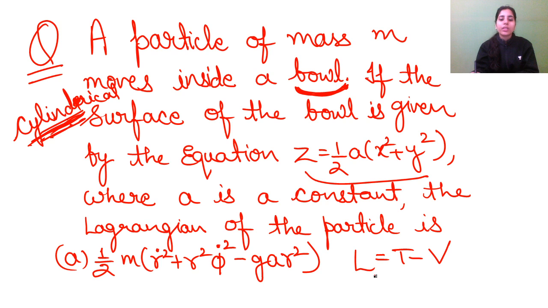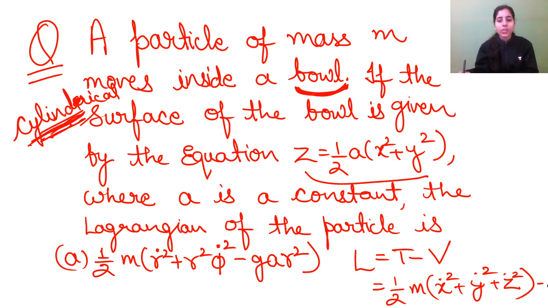In Cartesian coordinates we write T as half m x dot square plus y dot square plus z dot square. And we write potential energy as mgh, but in this case in place of h you can write z, so it will be mgz.